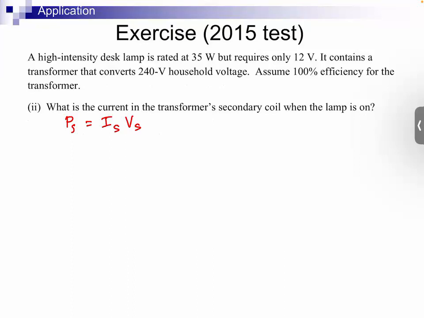We need the current. Current in the secondary coil is power over voltage. The power is 35 watts and the voltage is 12 volts. We're looking at the secondary coil because that's the current that we want to solve.